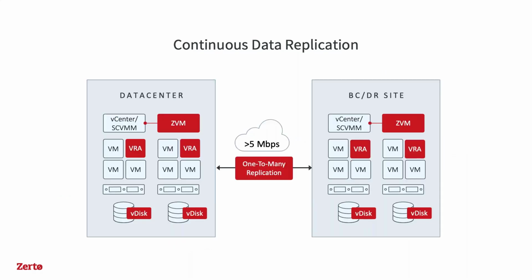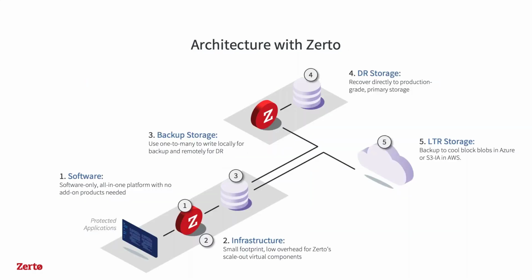You don't have to buy an appliance. It's low overhead. And with that, you also have your local backup storage that you can use, ultimately use DR storage, whether that's on-premise or in the cloud, and also unlock what we call long-term retention storage, which is being able to move the journal and target AWS or Azure for cheap and deep storage.